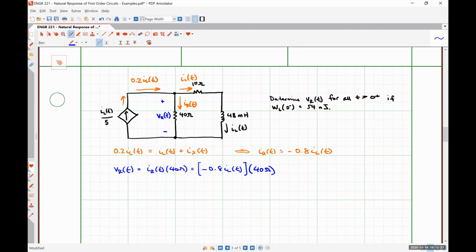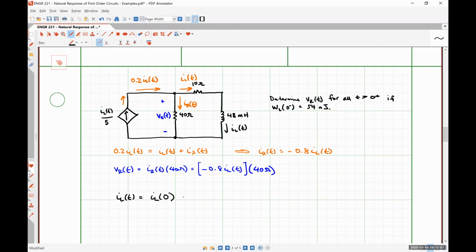So now we need to figure out how we are going to get IL of t. Well, this is a transient analysis problem. So we know that IL of t should be of the form, and we're only considering t greater than 0 right now, IL at 0 times e to the minus t divided by tau.